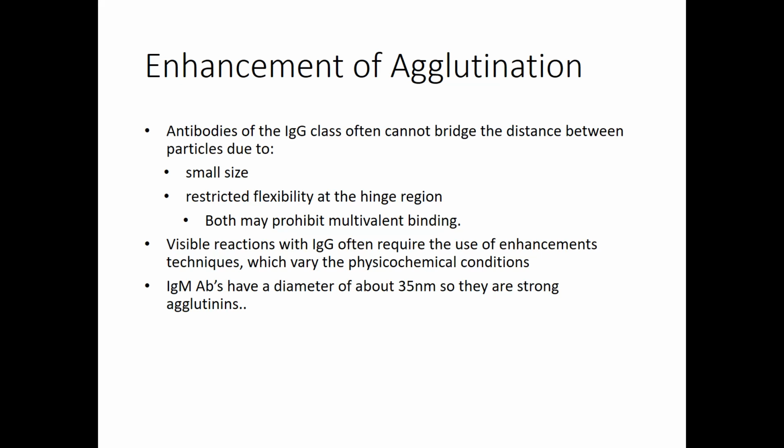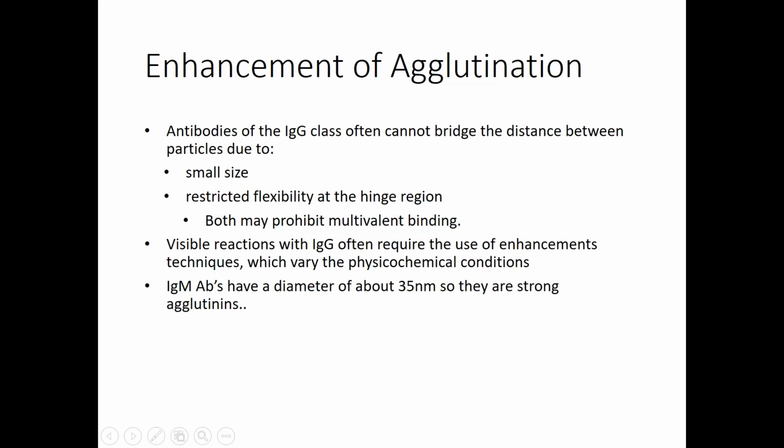As a result, sometimes we have to do some enhancements to help IgG react properly in a test method. Depends on the reaction and the conditions, but when you're in blood bank, you'll see that we add some proteins, for example, that may help eliminate some of the issues, or we may do a slightly different test method.